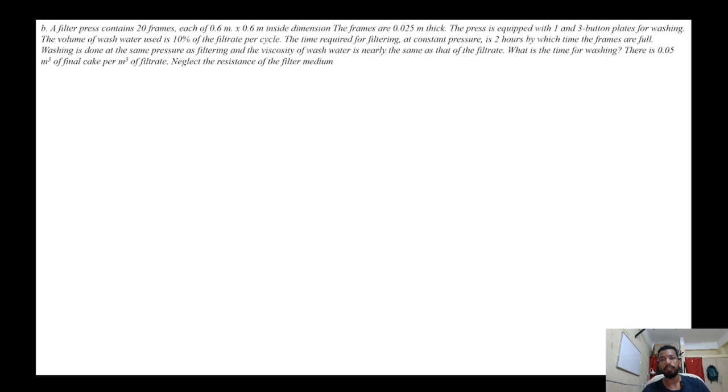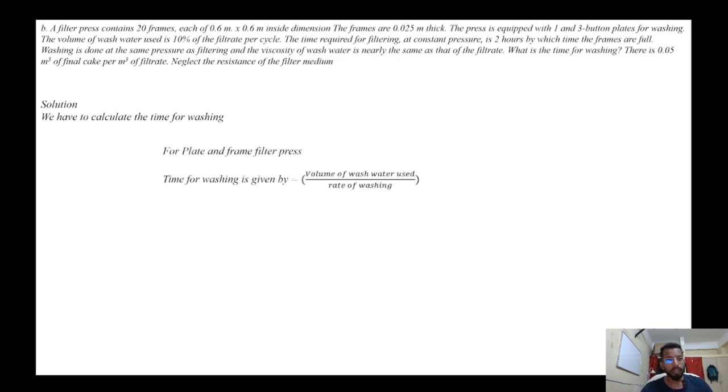There is 0.05 meter cube of final cake per meter cube of filtrate. Neglect the resistance of the filter medium. So we have to calculate the time for washing. For a plate and frame filter press, the time for washing is given by the volume of wash water used divided by the rate of washing.